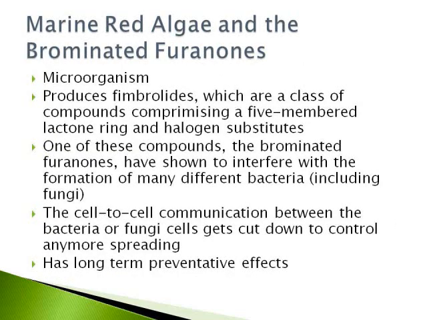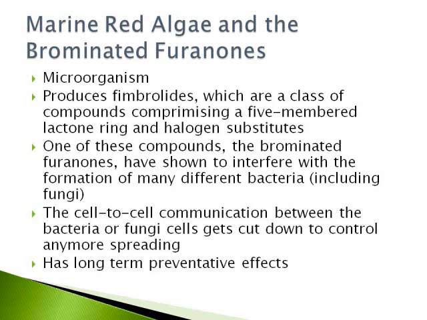Marine red algae is a microorganism that produces fimbrolides, which are a class of compounds comprising a 5-membered lactone ring and halogen substituents. When the algae is broken down, a compound, brominated furanones, is extracted. This compound has been shown to interfere with the DNA formation of many different bacteria, including wood-decaying fungi.